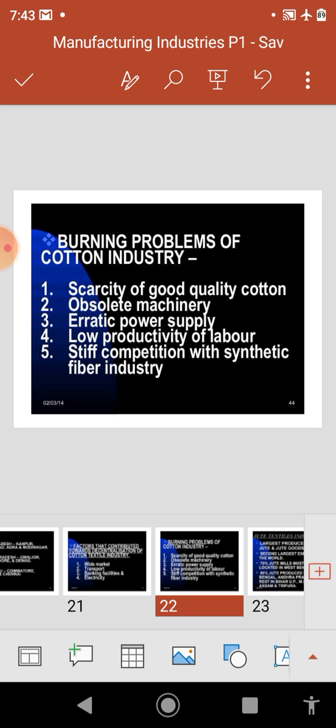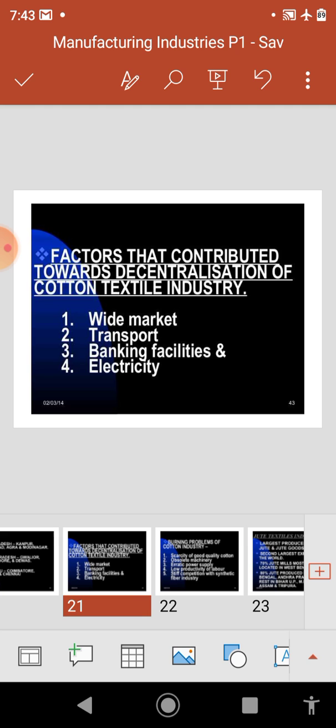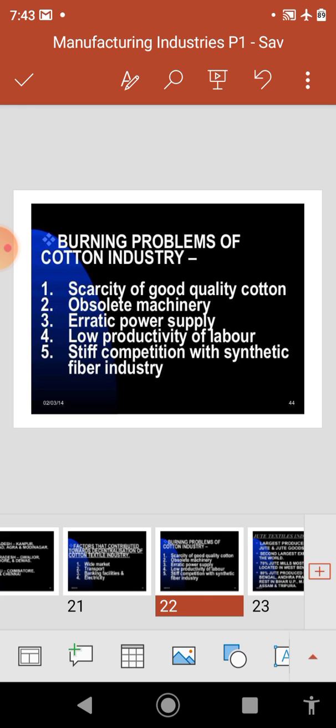The problem of replacement of obsolete machinery and modernization has become really acute since the Indian mill industry has to compete with countries like Taiwan, Hong Kong, South Korea, etc., all of which are using the latest sophisticated machinery.